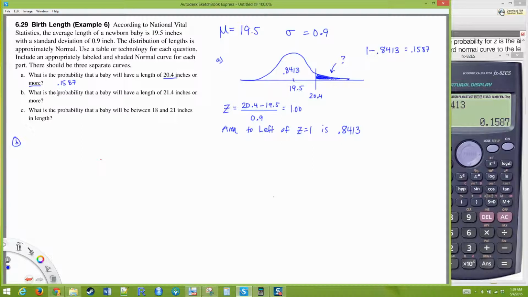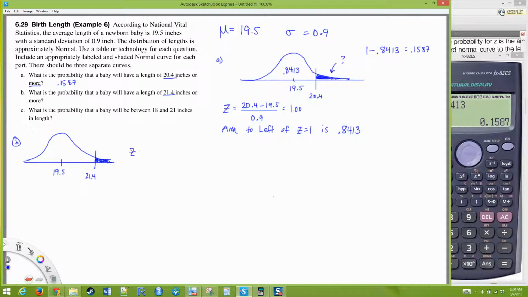For part B, it says, what is the probability that a baby will have a length of 21.4 inches or more? Okay, so here it's something very similar. I'm centered at mu 19.5, and I'm going further to the right at 21.4. And I want to know how much is going to be shaded in over here, because I'm asking 21.4 or more.